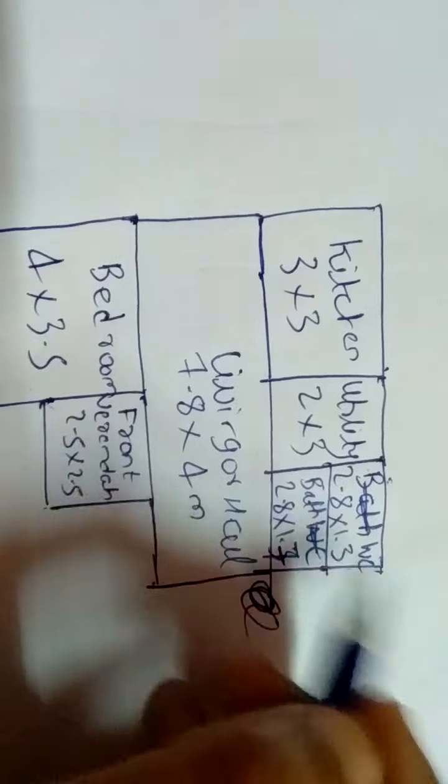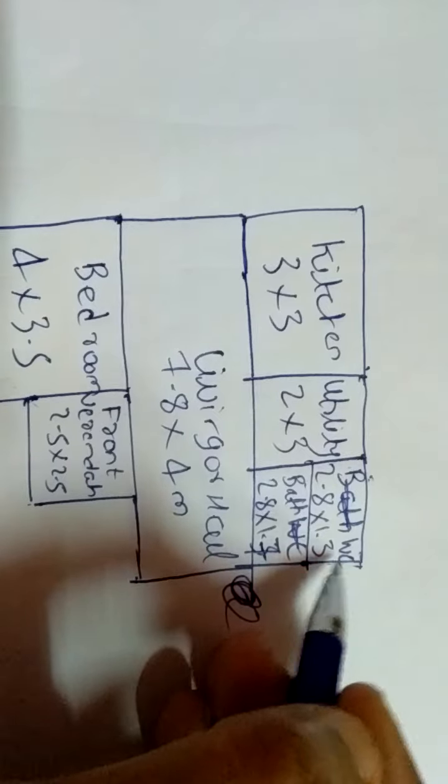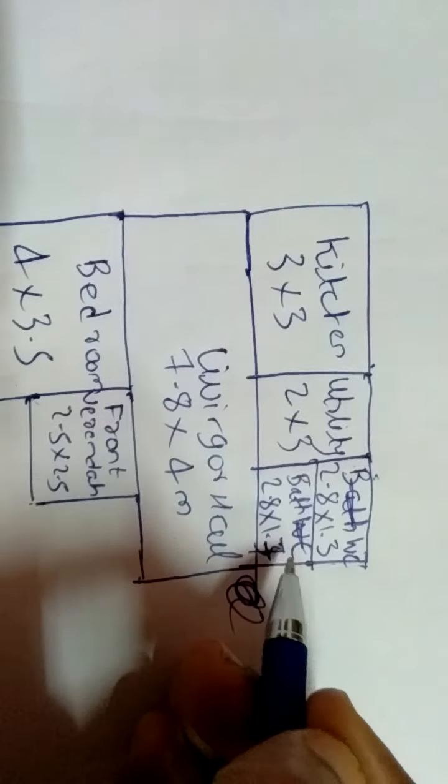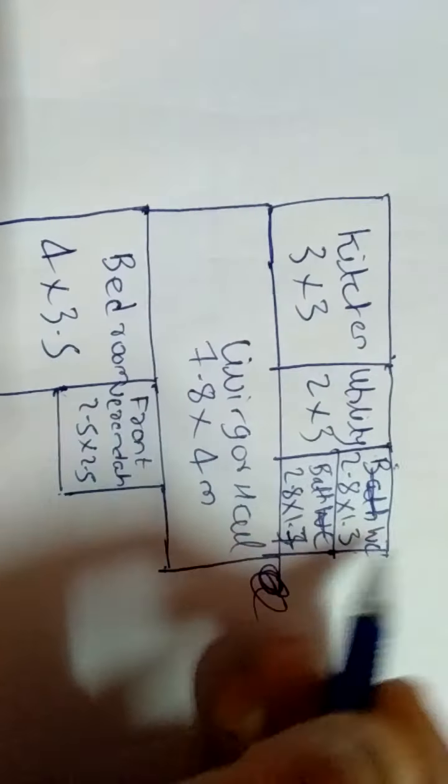I have not drawn according to the scale here, that is why this mistake is happening. 1.3 is actually looking lengthier than 1.7, but in fact it is not like that. So we just have to have an idea about this.